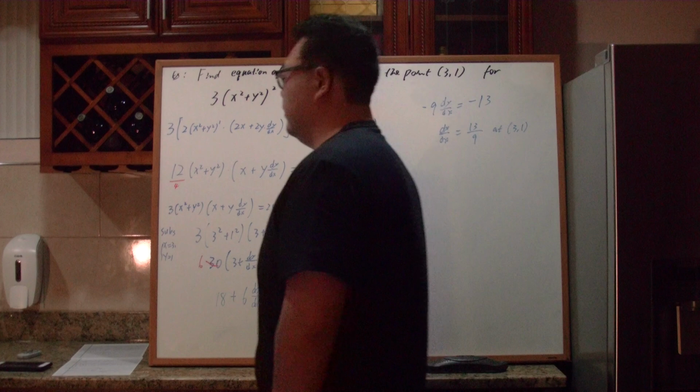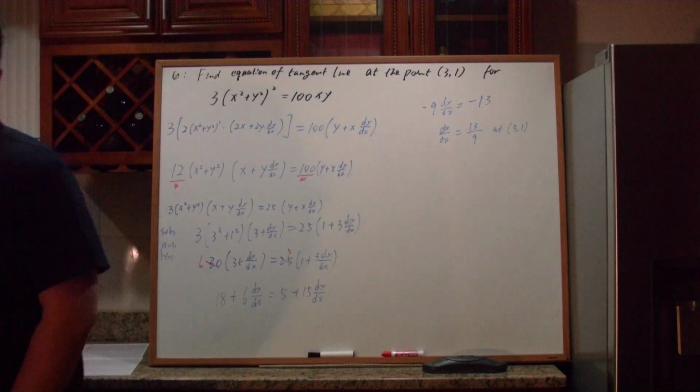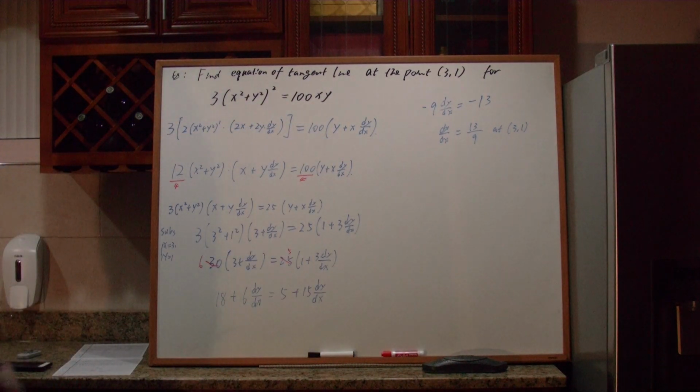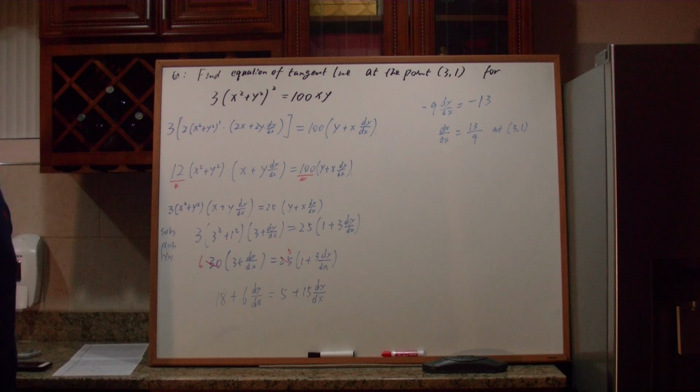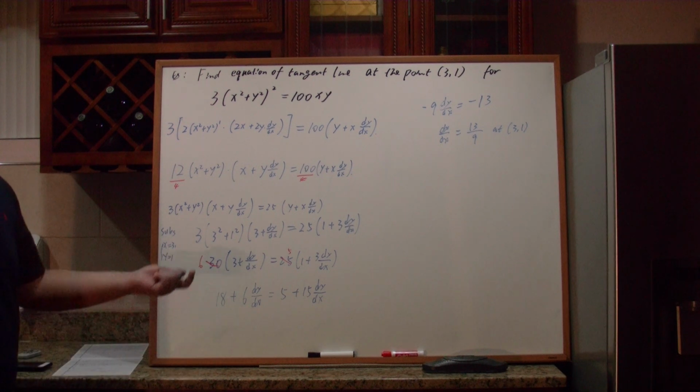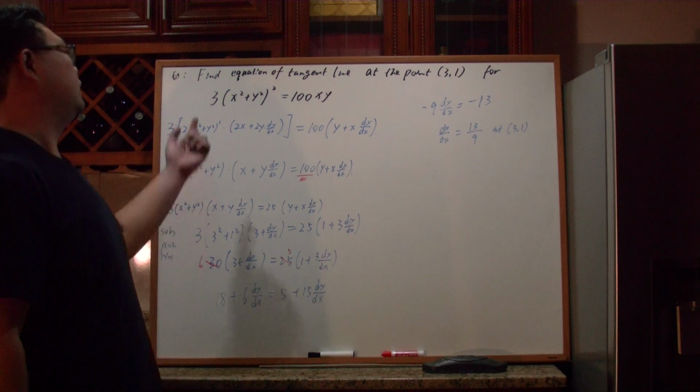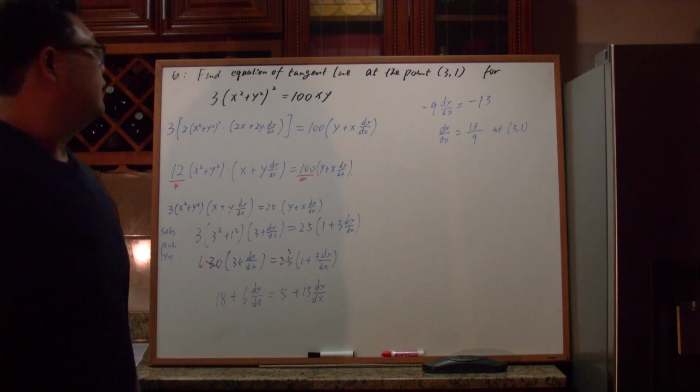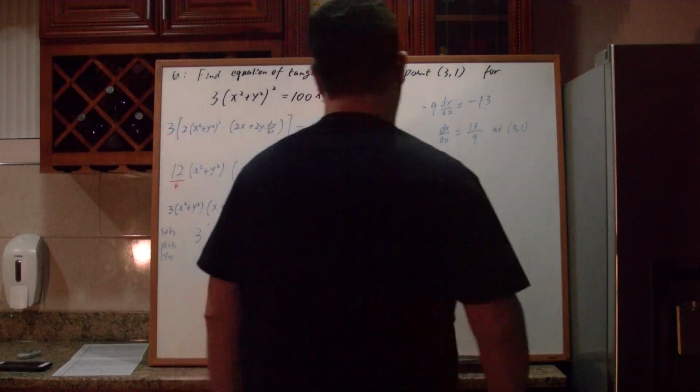At the point 3 and 1, we get the same thing, 13 over 9. The calculation on this step after we substitute is of course a little easier. So for the case where we're not asked for dy over dx, doing that is a little beneficial.